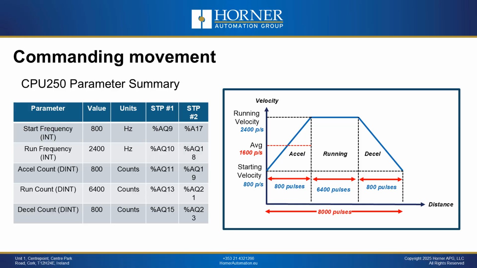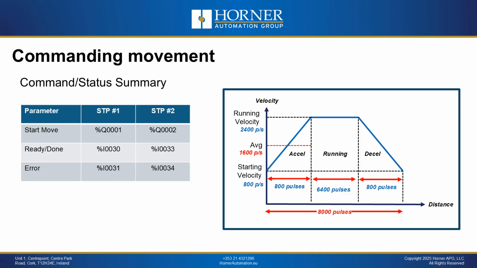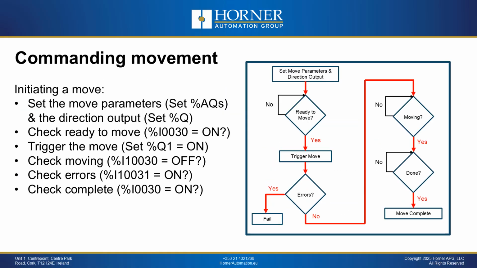So we load appropriate values in the appropriate I/O registers to specify the move, and then kick off the move by turning on either Q1 for stepper number 1 or Q2 for stepper number 2. And we have also got some feedback bits we can use to make sure everything's working as it should. Now here is a flowchart we have created that shows how the I/O should be changing as the move progresses.